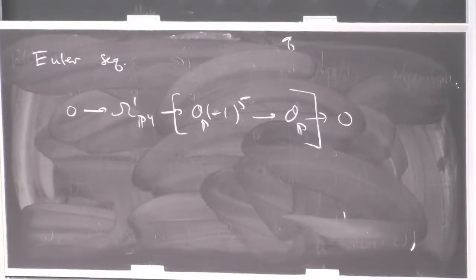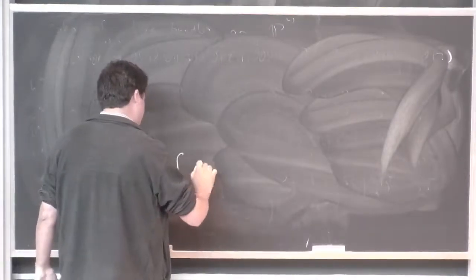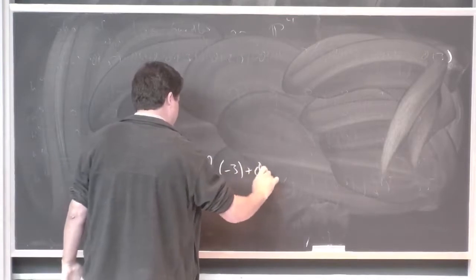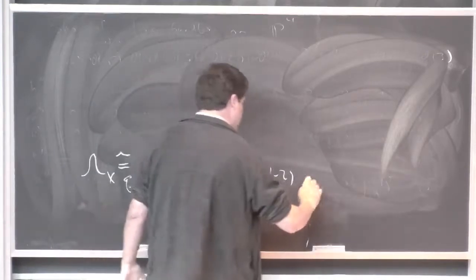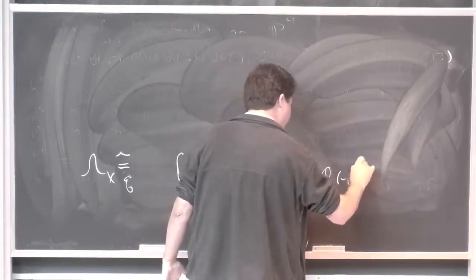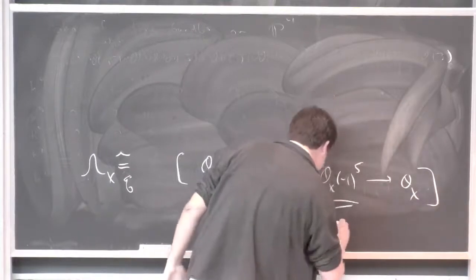So the upshot: I want to say that the cotangent bundle of X is quasi-isomorphic to this three-term complex. O_X(-3) plus O_X(-2) goes to O_X(-1) to the 5th goes to O_X, where this is in degree 0.